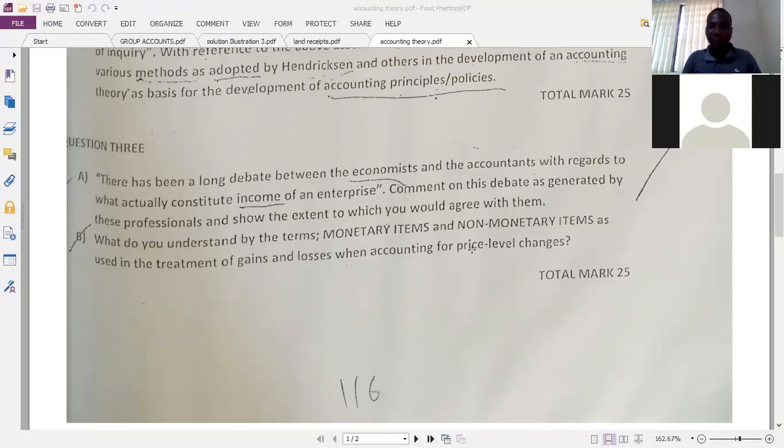So if I come and take a loan from you and the interest rate is 20%, you said the interest rate is 20%. If today the interest rate has dropped to 2%, I'll still pay 20%. That is a monetary item.